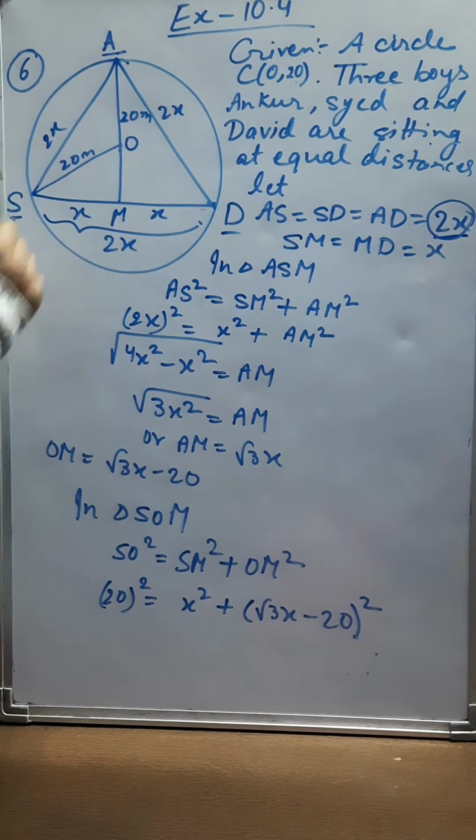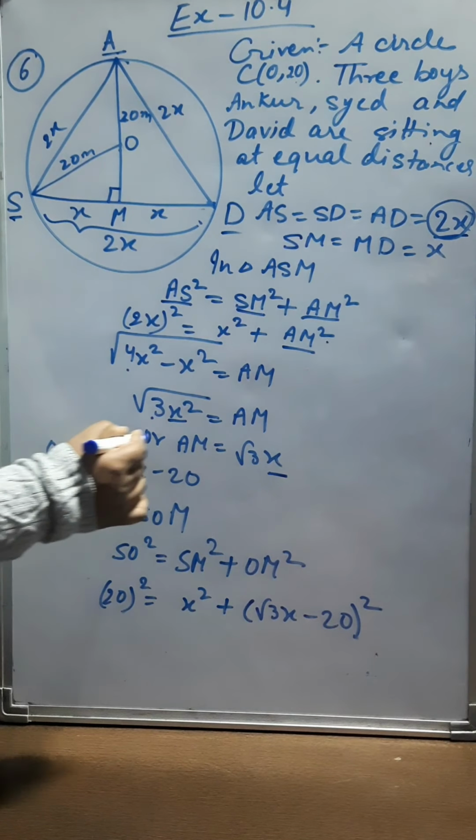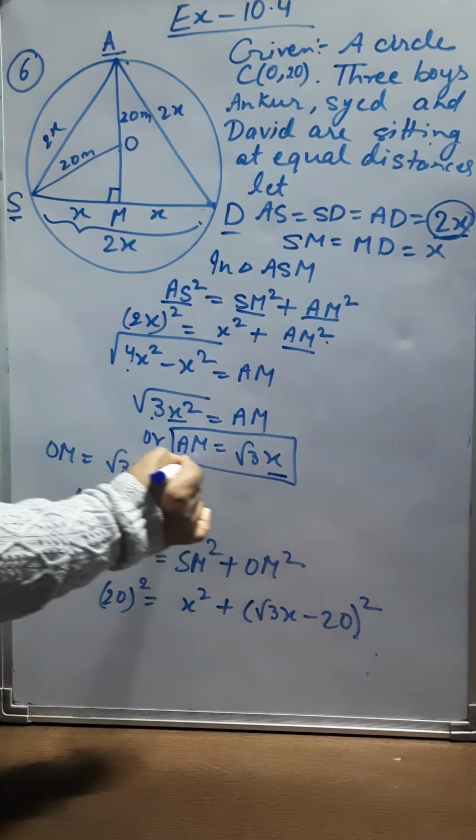We have to calculate the value of AM. So 2x square is 4x square minus x square, which is coming from that side. By removing this square, we are getting square root. So 4x square minus x square is 3x square. Under root 3x square is equal to AM. This root 3 cannot come out, but x square can come out as x. So AM value we are getting root 3x.